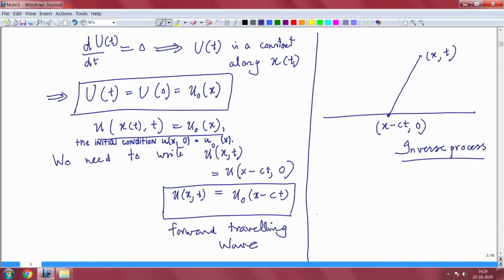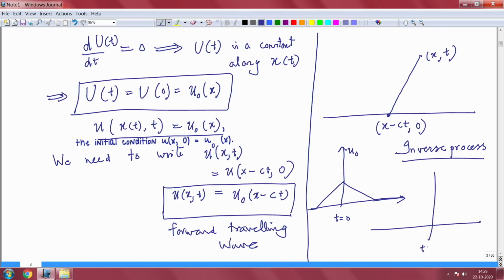If you look at various plots, here I am plotting when t is equal to 0. Suppose my initial profile, this is my u naught, is something like that. Then after some time it will move forward.